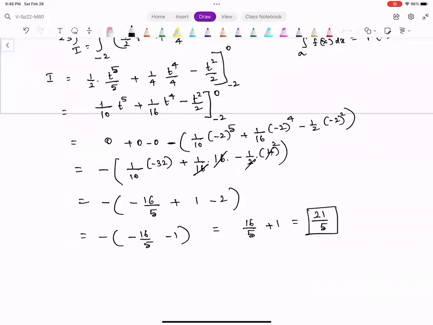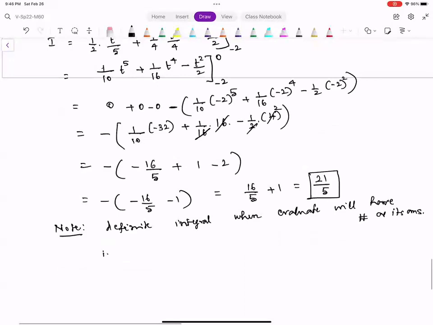So note that a definite integral has a finite answer, a number. A definite integral, when evaluated, will end up with a number as its answer.